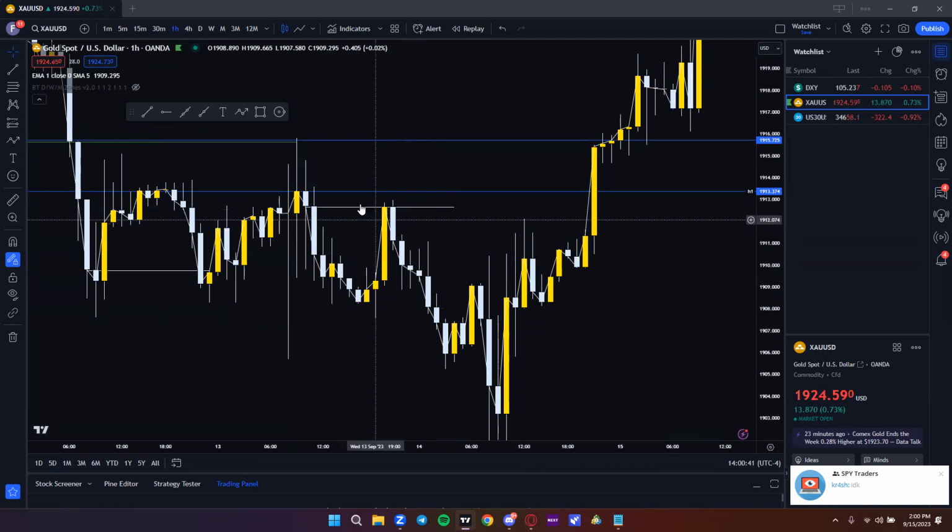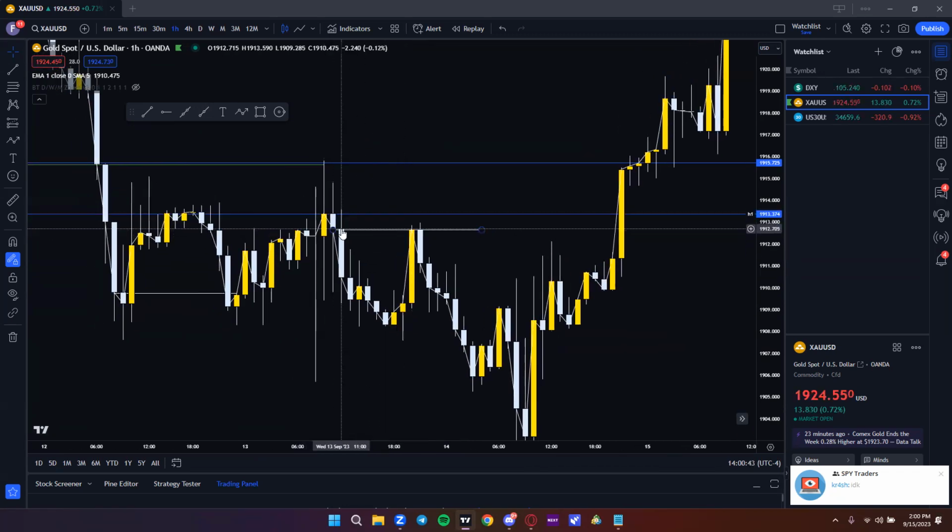We can observe that this is a decision level that took out this one. It's a level that's been rejected many times. It adds significance to it because it has multiple rejections.